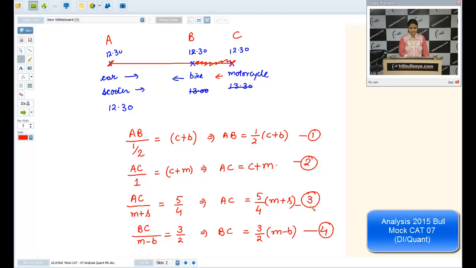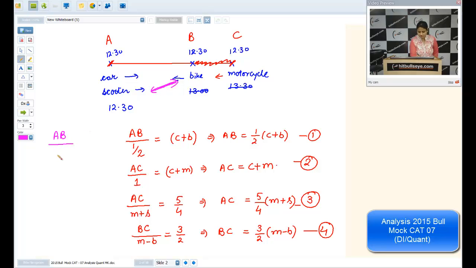So we can do one thing. Either you find the values or convert all the variables into one variable, for example C. Now what is the question asked? At what time did the bike and scooter meet? Bike and scooter. So the distance to be covered is AB.